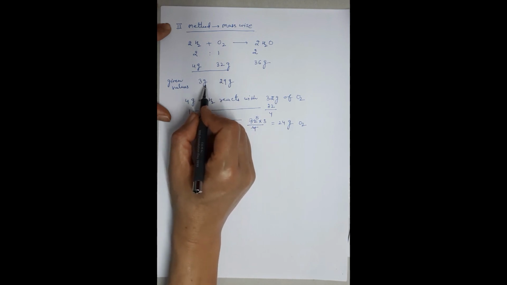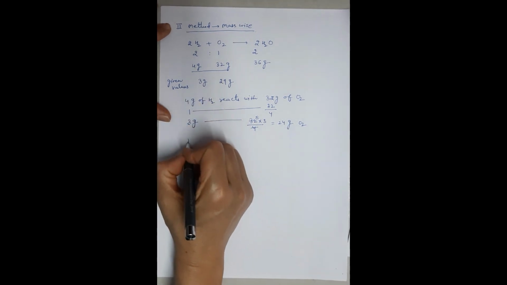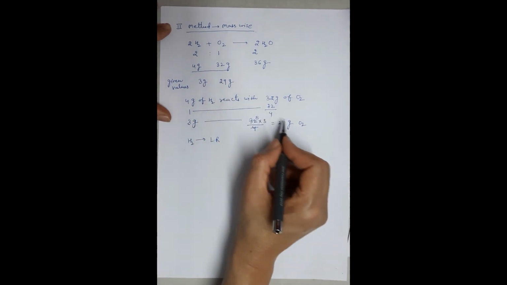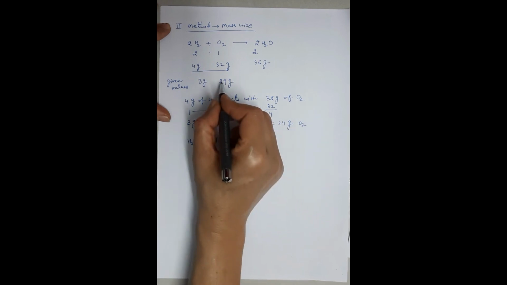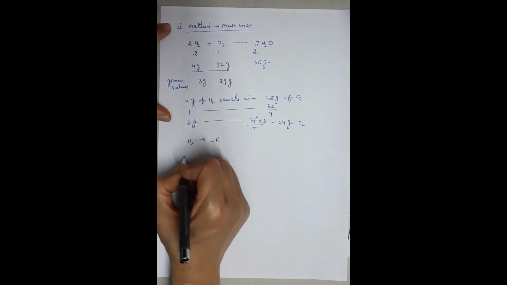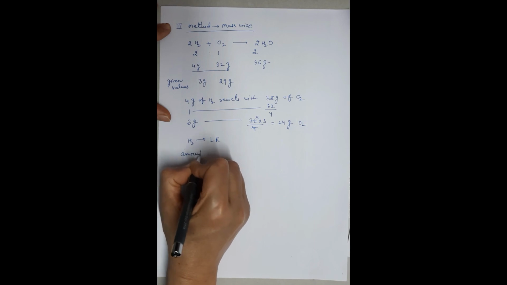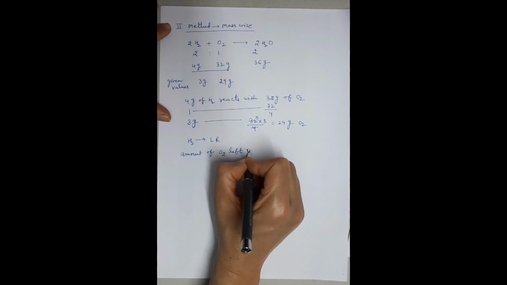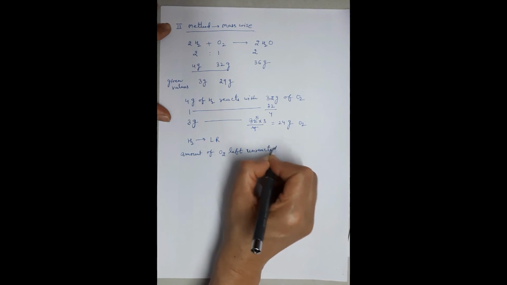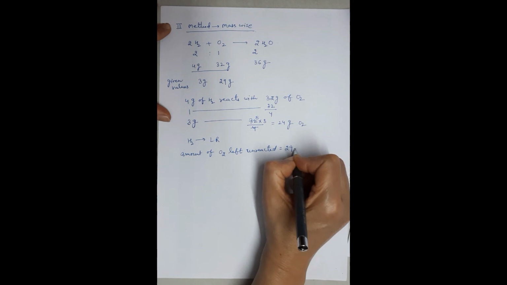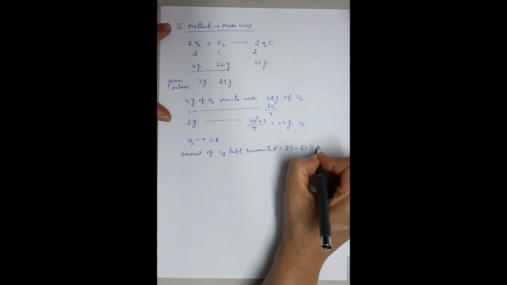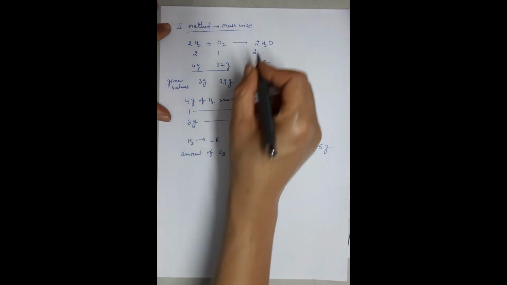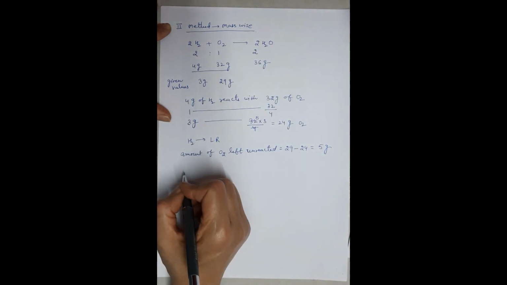Whole 3 gram of H2 has been consumed. So H2 is the limiting reagent, whereas O2 is still left. Only 24 gram out of 29 has been consumed. So the amount of O2 left unreacted is equal to 29 gram available, 24 has been consumed, it is 5 gram of O2 which is left.